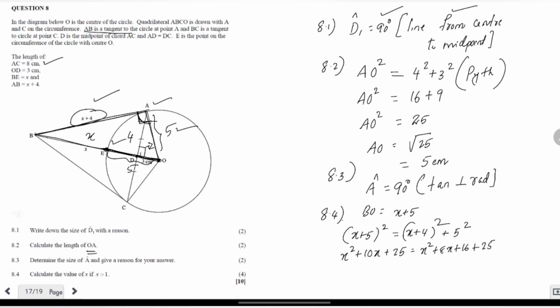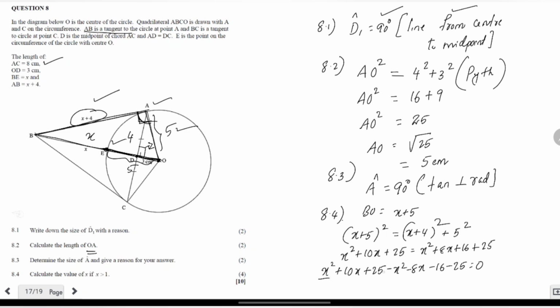Is it clear? So bring everything to one side. We can see that x squared plus 10x plus 25 minus x squared minus 8x minus 16 minus 25 is equal to 0. Okay, because it's a quadratic equation, I can see that. So one side I have to make 0, then simplify.